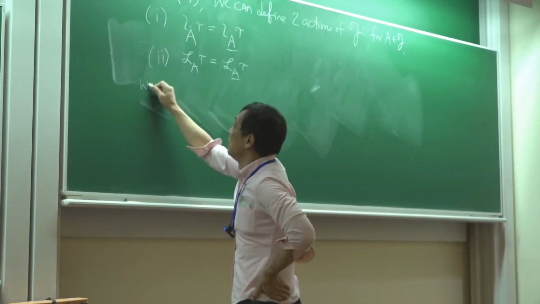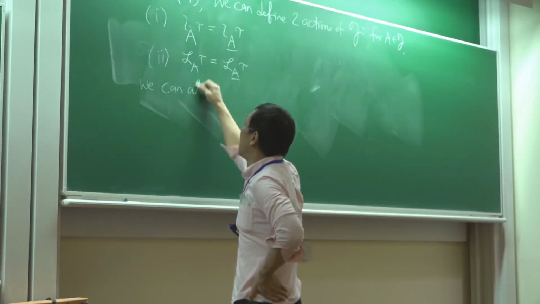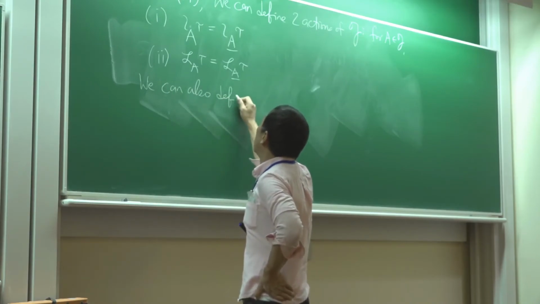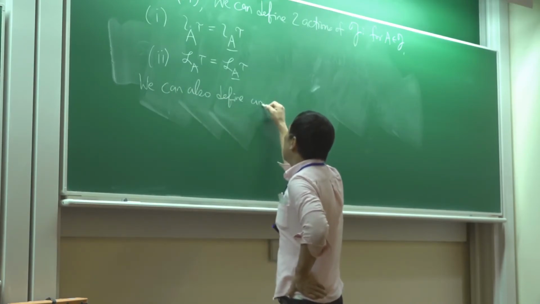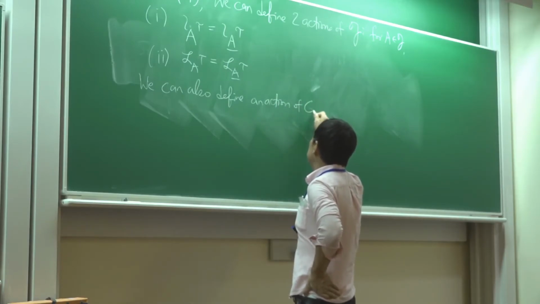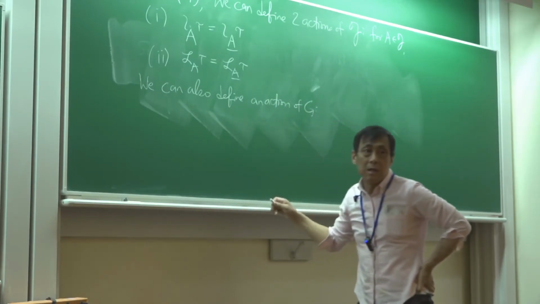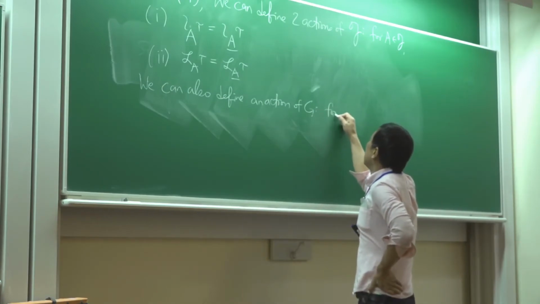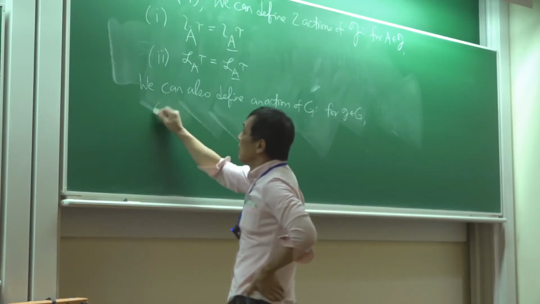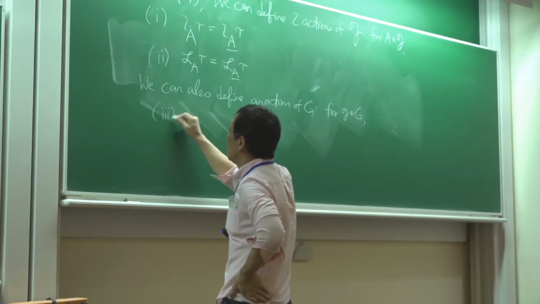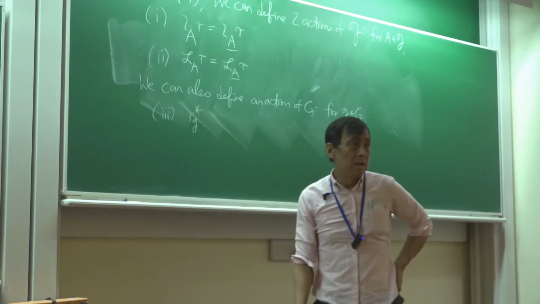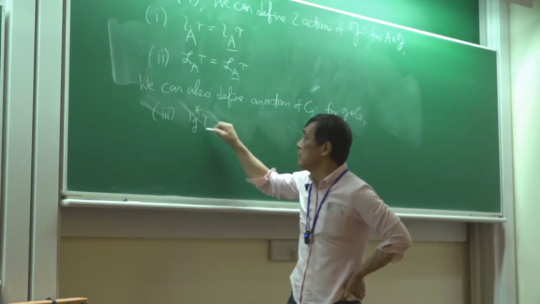And then we can also define an action of G. So for g in G, we define right translation.